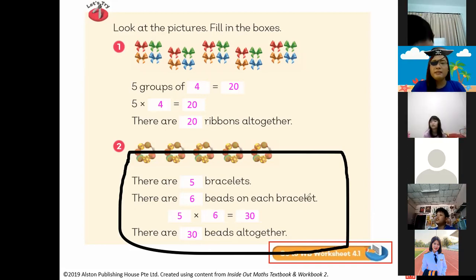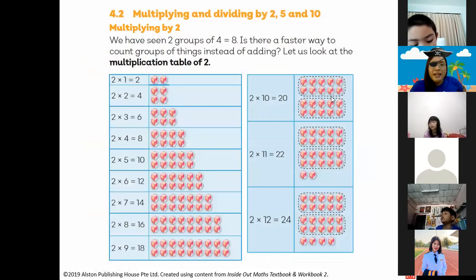Okay, very good. Now let's proceed to the next one. So this is the multiplication table for multiplying numbers by 2.